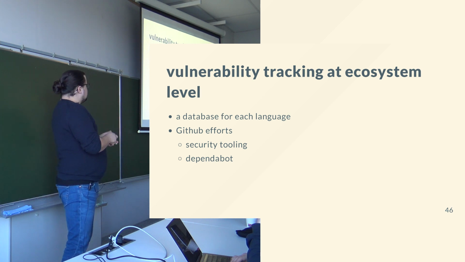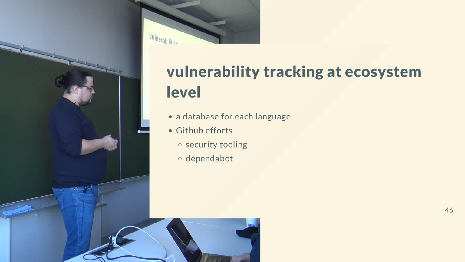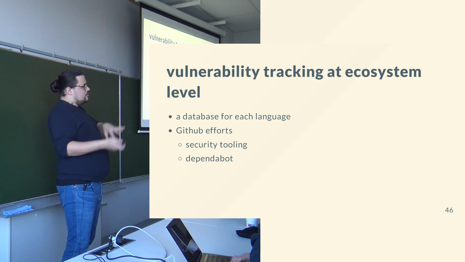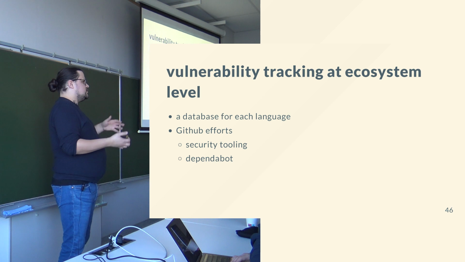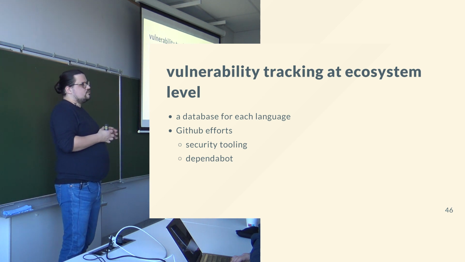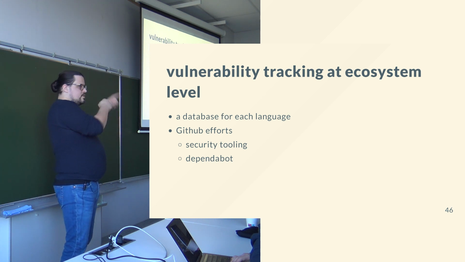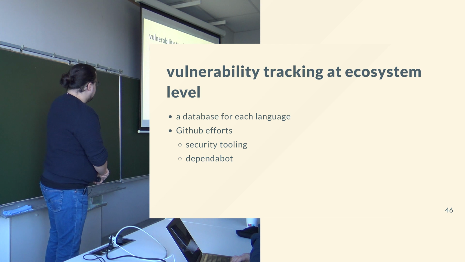There have also been efforts at GitHub to handle software vulnerabilities. They have their own database, which is the GitHub security advisories, and a whole set of features in GitHub to report vulnerabilities, detect them, and open pull requests when you have a vulnerability in a software.